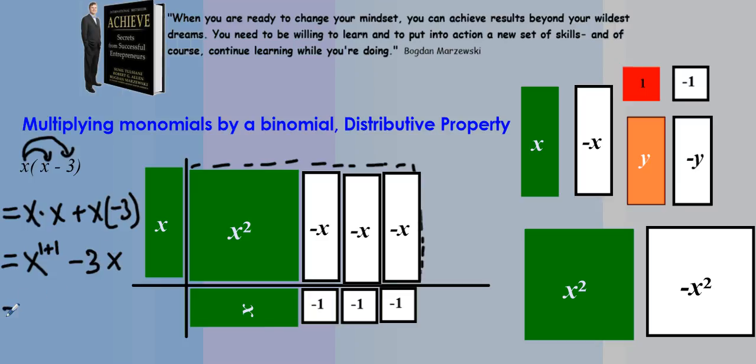And finally you have to clean that exponent and say this is essentially x squared minus 3x. And this is represented by the diagram here when you have 1 x squared tile, I should have said, and 3 negative x tiles.